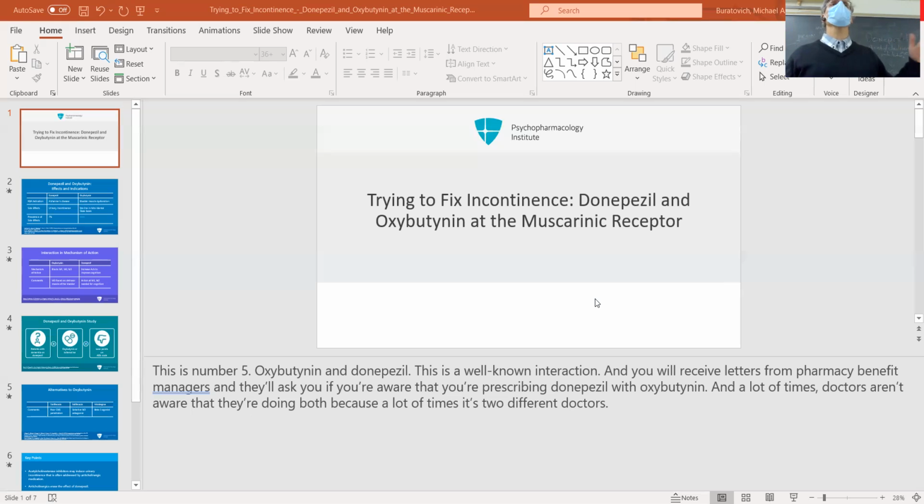So, bottom line here, get your patient to tell you everything they're on. This is a pharmacodynamic drug-drug interaction because it has to do with the mechanism of the drug.